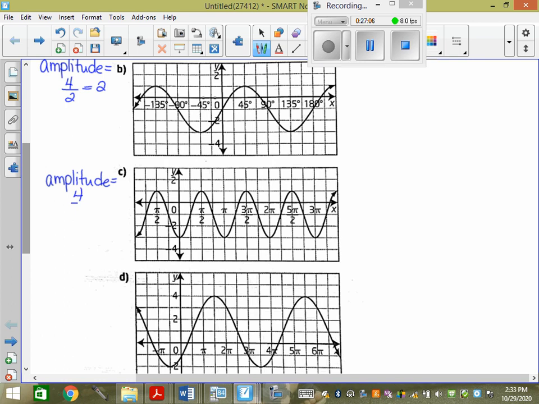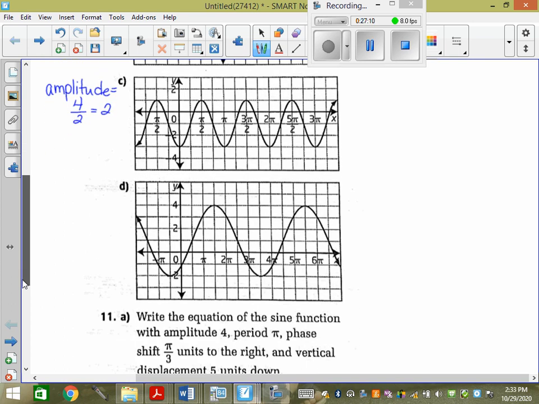So my amplitude is 4 divided by 2, which is 2. And then the amplitude of the last one? What's the vertical distance of the last one? 6 from min to max, divided by 2, so it's a 3.